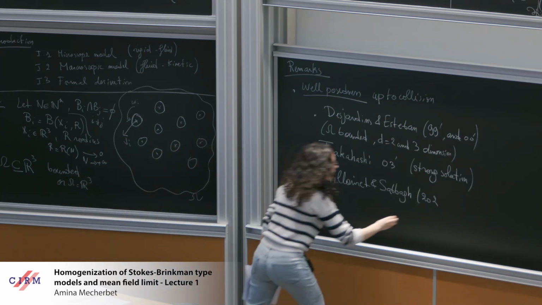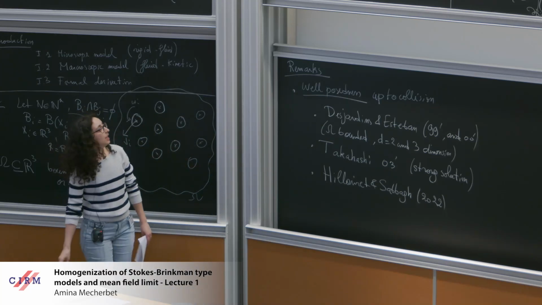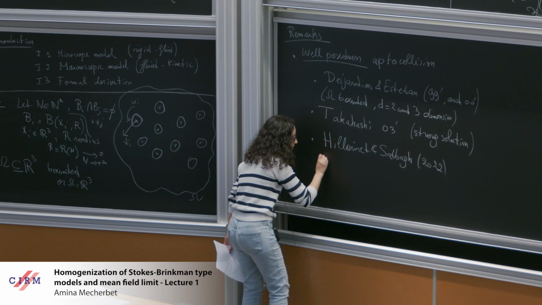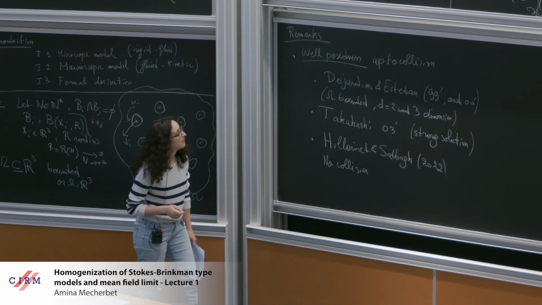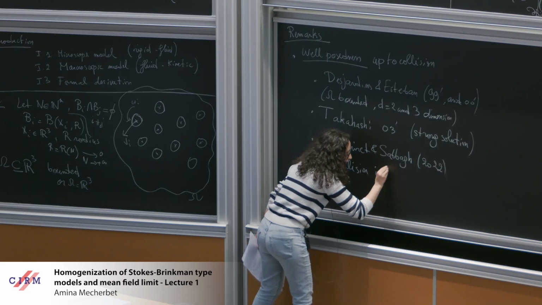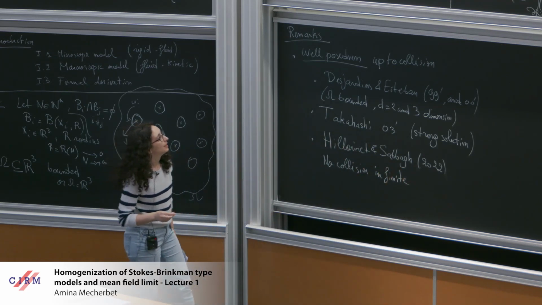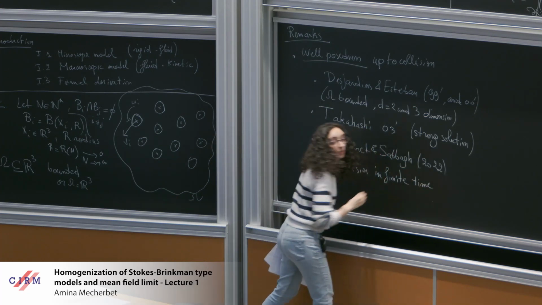They deal with the case of omega being the whole space in 3 dimensions, and they prove that there is no collision. So well-posedness is ensured for a long time if the initial data are small enough, so no collision in finite time can occur.